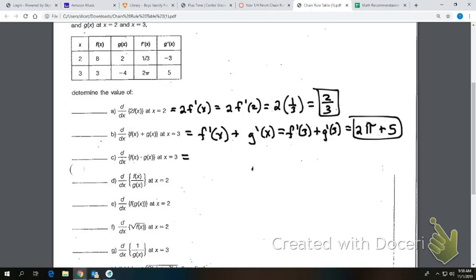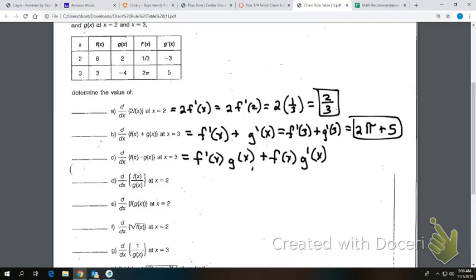So that would be f prime of x times g of x plus, you could write it as f of x times g prime of x, or you could have written it the other way, g prime of x times f of x. And now you're going to find it at 3.